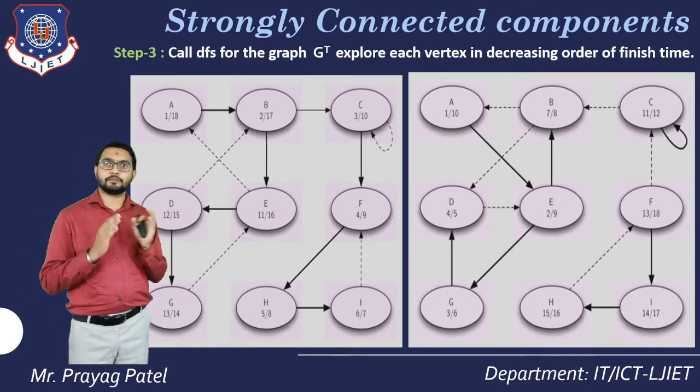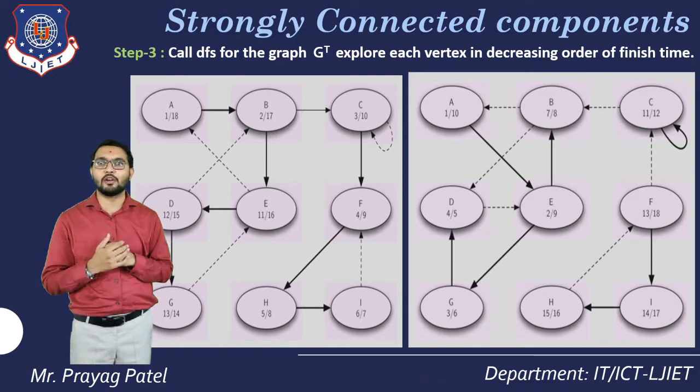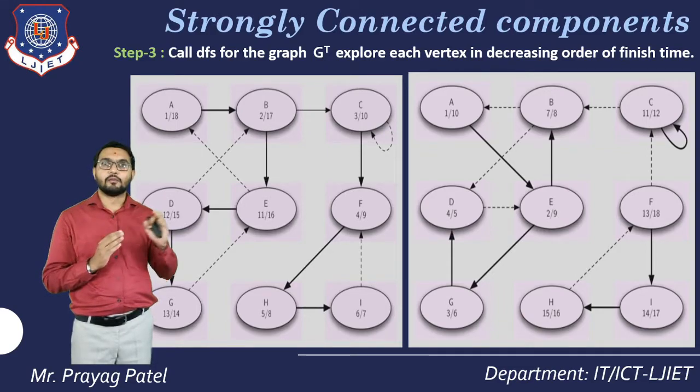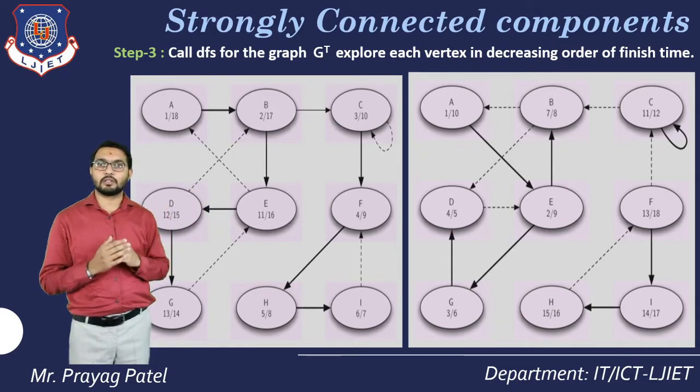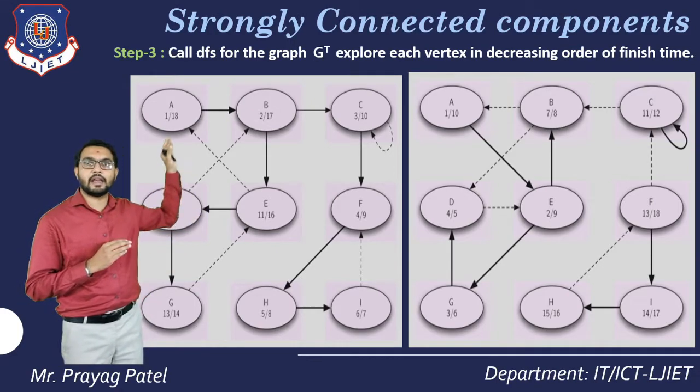So here consider the initial point of the DFS algorithm. In the DFS algorithm you can select any node as the starting node, but here we consider decreasing order of finishing time from the DFS sequence. So here the maximum finishing time in the first figure is 18.